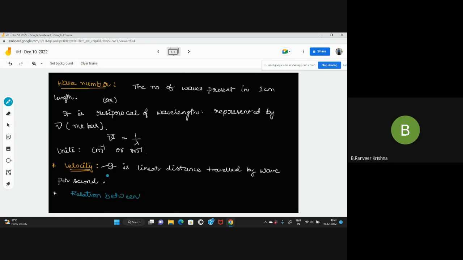A relation between velocity of light, wavelength and frequency is given by C equal to nu lambda, where C is the velocity of light, nu is frequency, and lambda is wavelength of light.